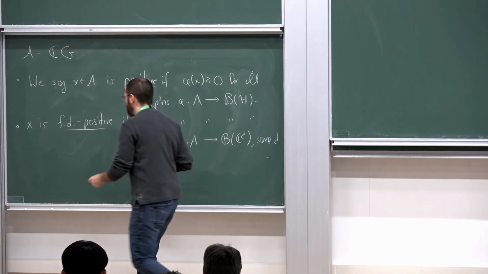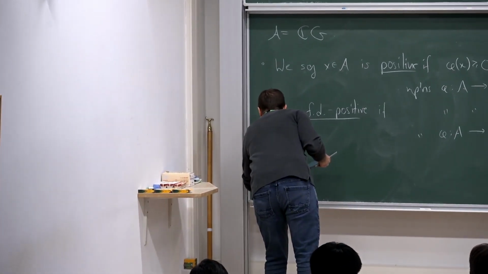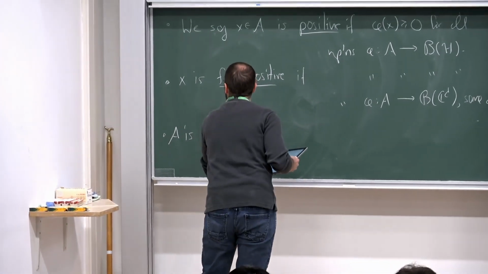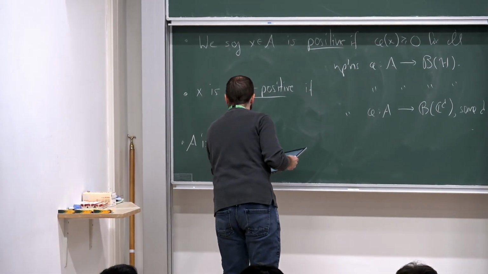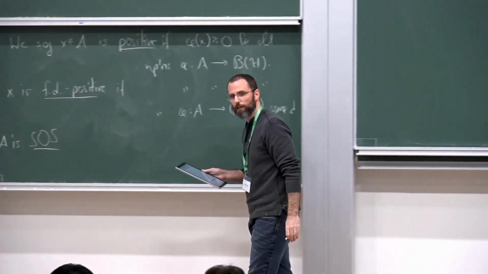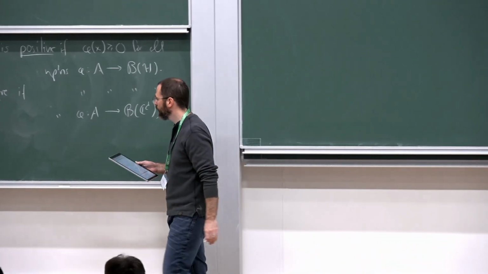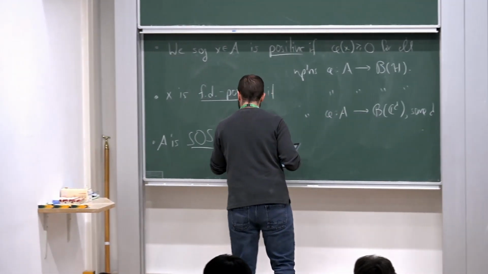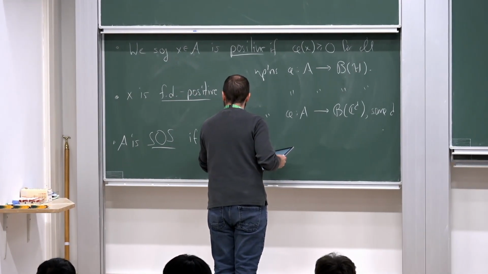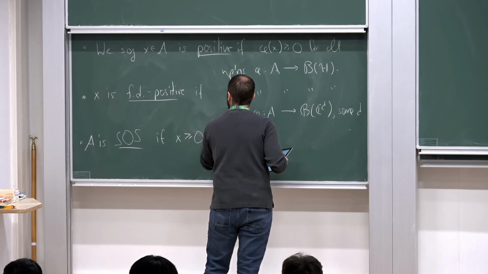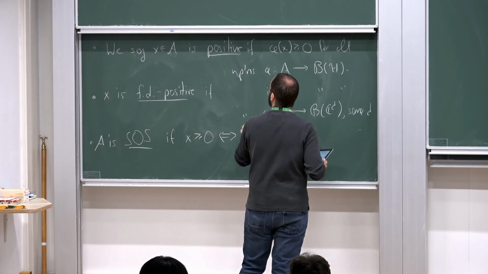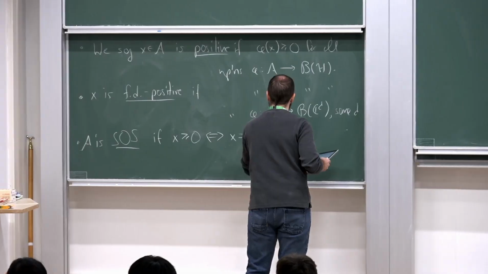We'll say that A has the SOS property. Sometimes this is also called Archimedean closed if we're talking about an Archimedean star algebra, but let's call it SOS here. It means that being positive is equivalent to being a sum of Hermitian squares, like in our free group case up here.